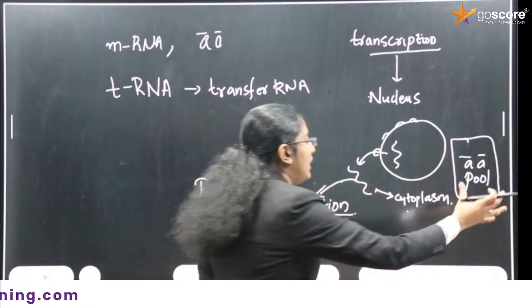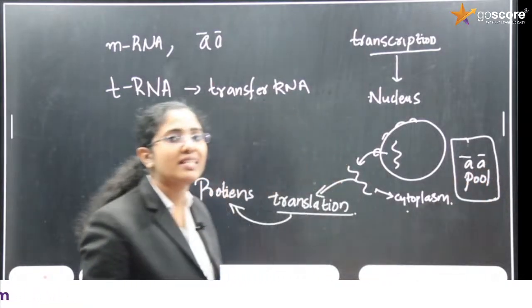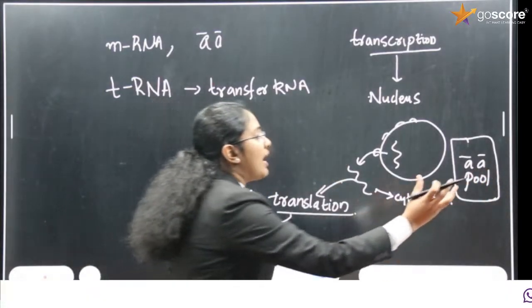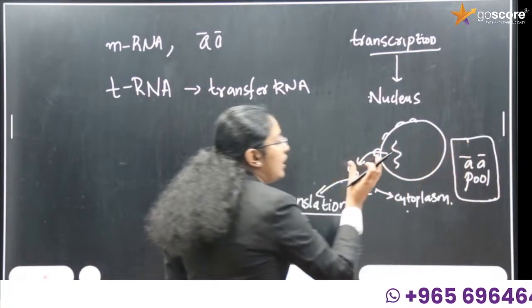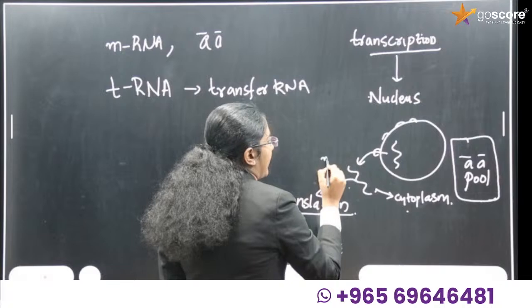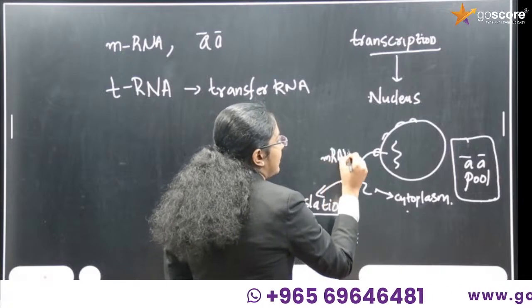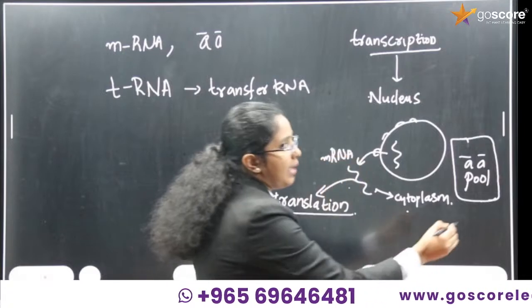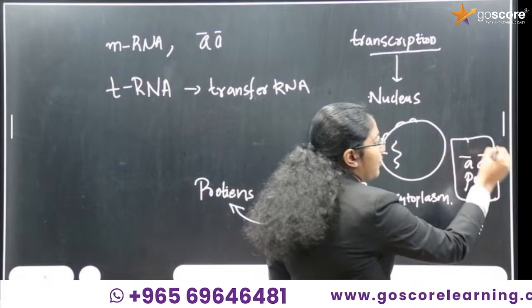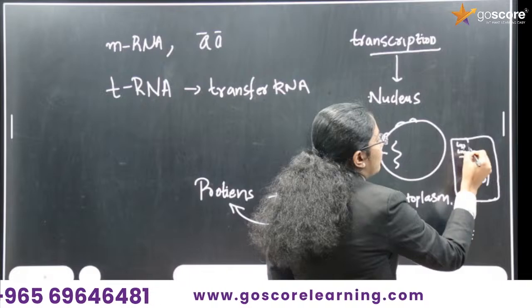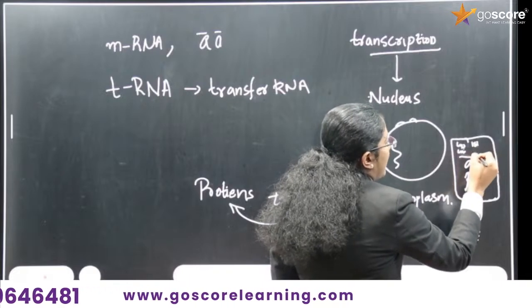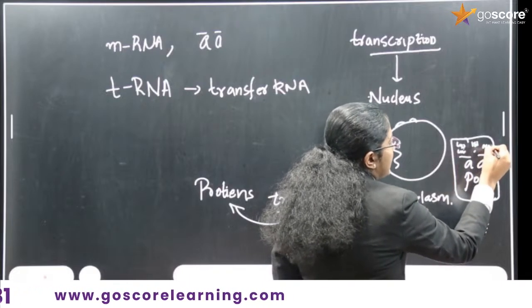Inside the amino acid pool, amino acids are present, right? This amino acid has to be taken from the amino acid pool towards the mRNA. There are different amino acids like lysine, leucine, isoleucine, tryptophan, methionine. This is the amino acid pool.